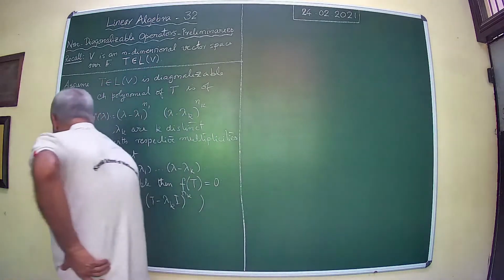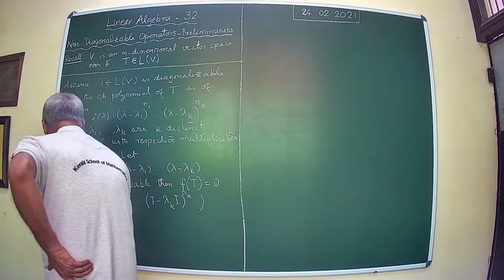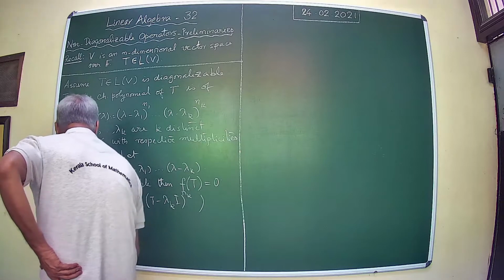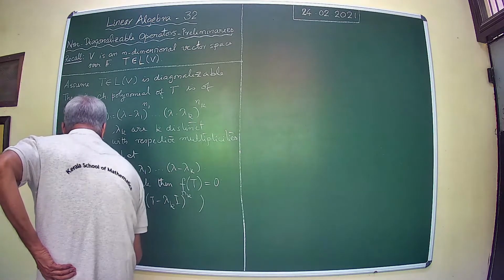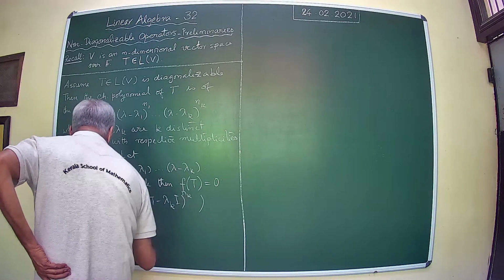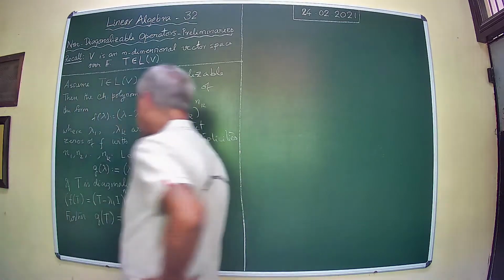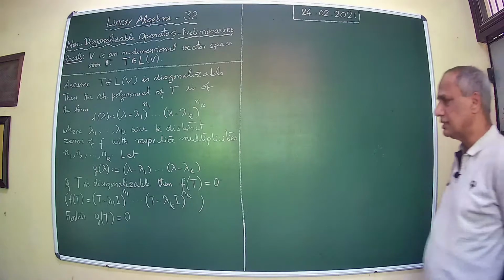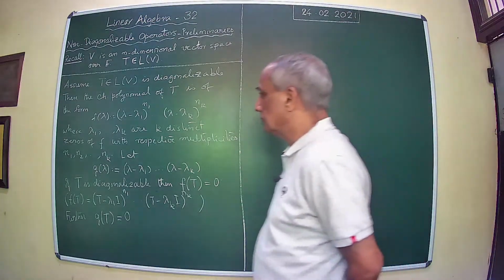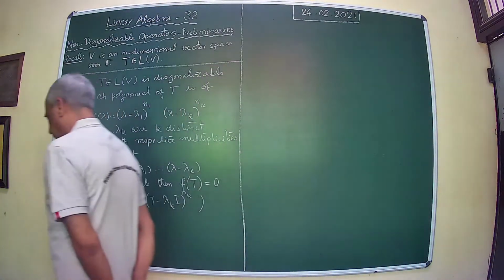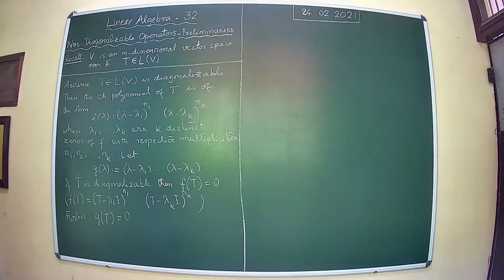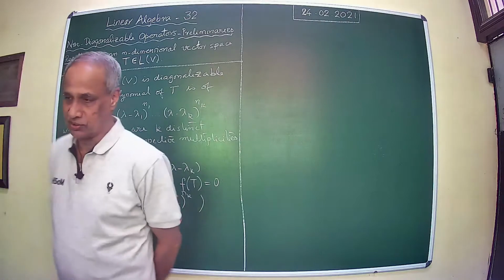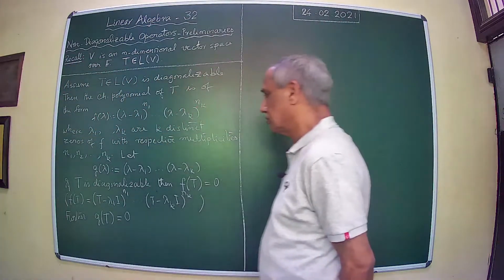Further, g of T is also zero. Okay. Now this is the scenario that you have in the diagonalizable case. You have both f of T equal to 0, g of T equal to 0.